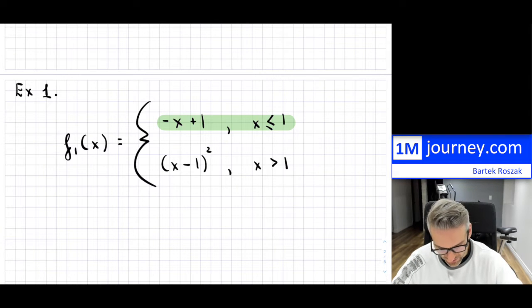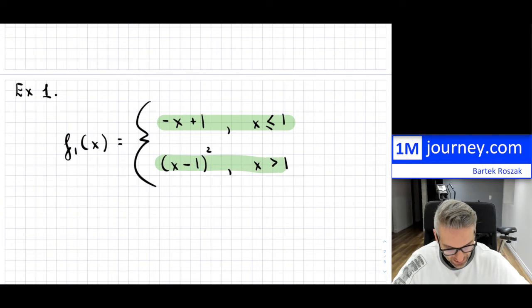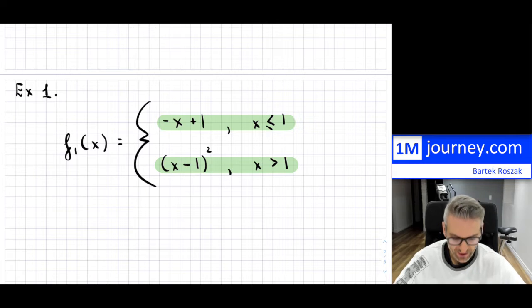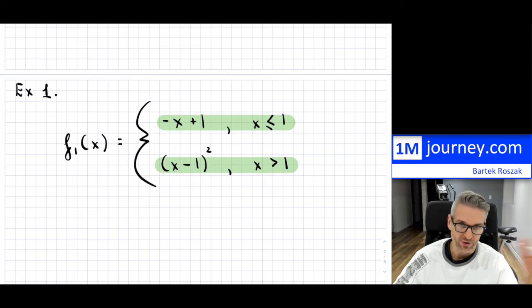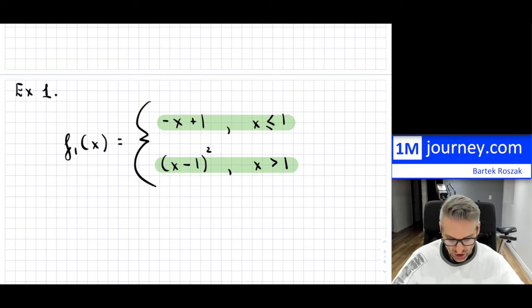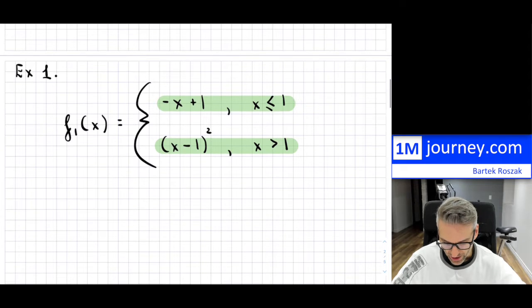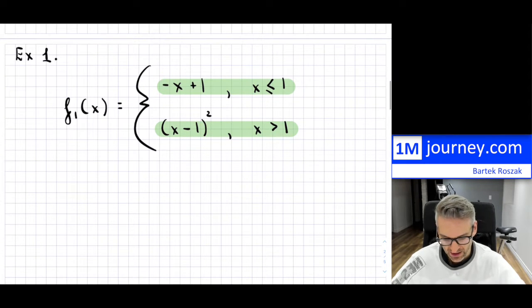And then it is defined by a second piece right here, and this function looks like a quadratic. It looks like it has been shifted to the right by 1, and it's defined on x greater than 1.